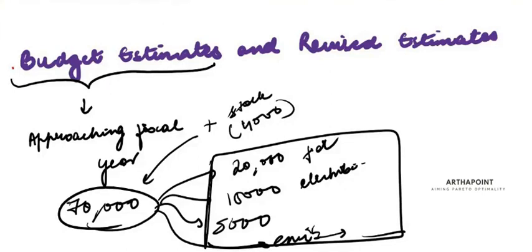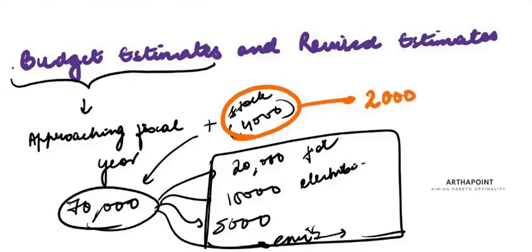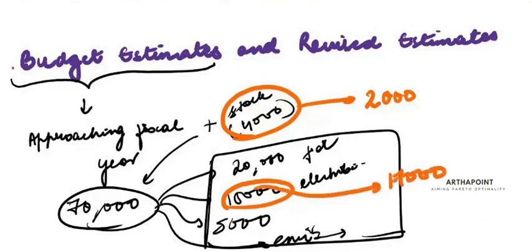Now, after this month ended, at the end of the month, I realized that instead of giving 4,000, the stock market only gave me 2,000. Instead of my bills being 15,000, my bills came to 17,000. Instead of making an FD of 20,000, I could only make an FD of 17,000.